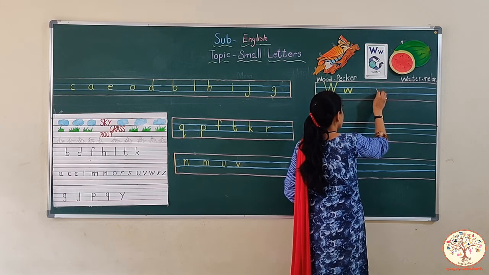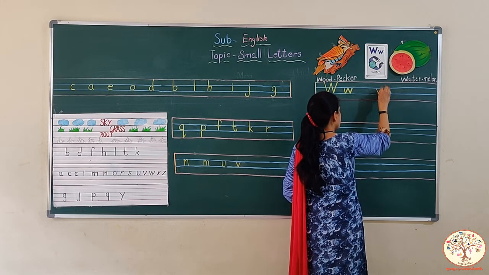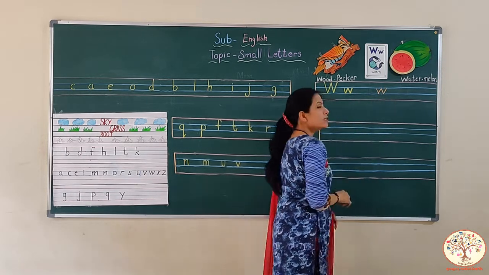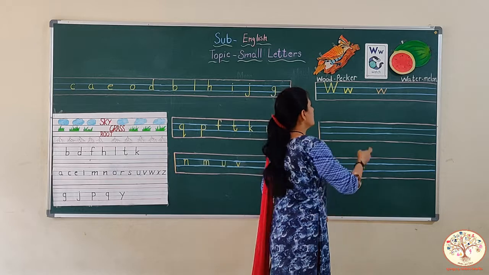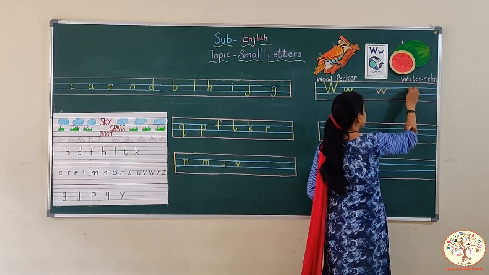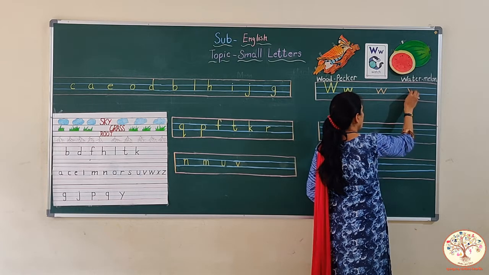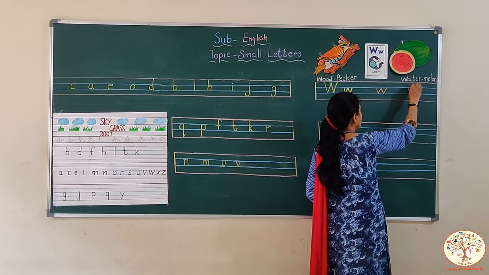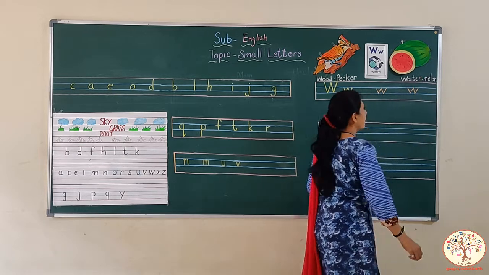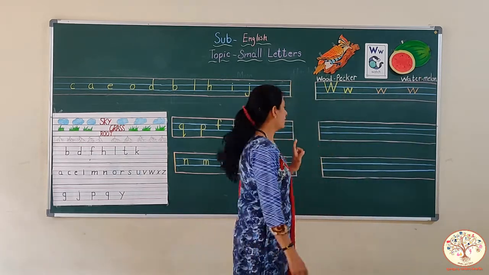Slanting line go up, slanting go down, slanting line go up. This is W. Okay, small w. Left slanting, go up, make a V, you have to make V 2 times. Okay, very easy letter.